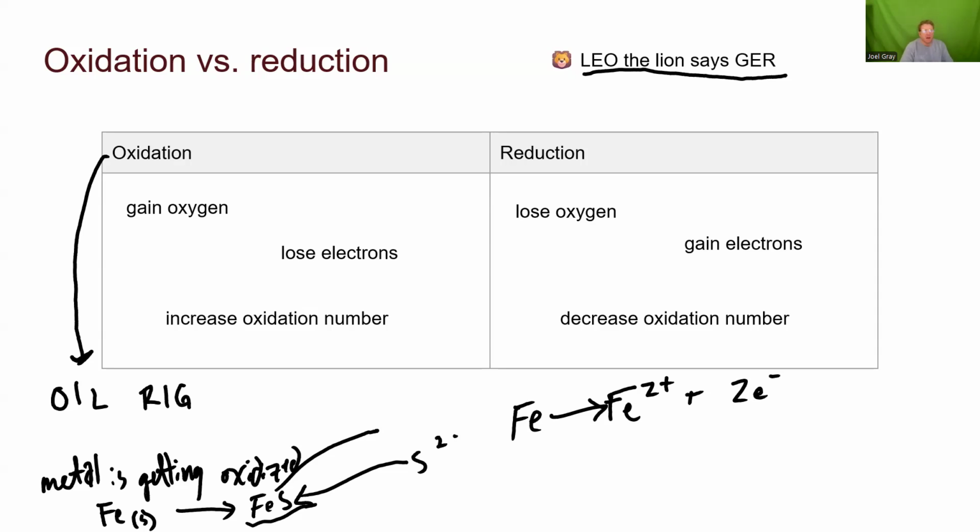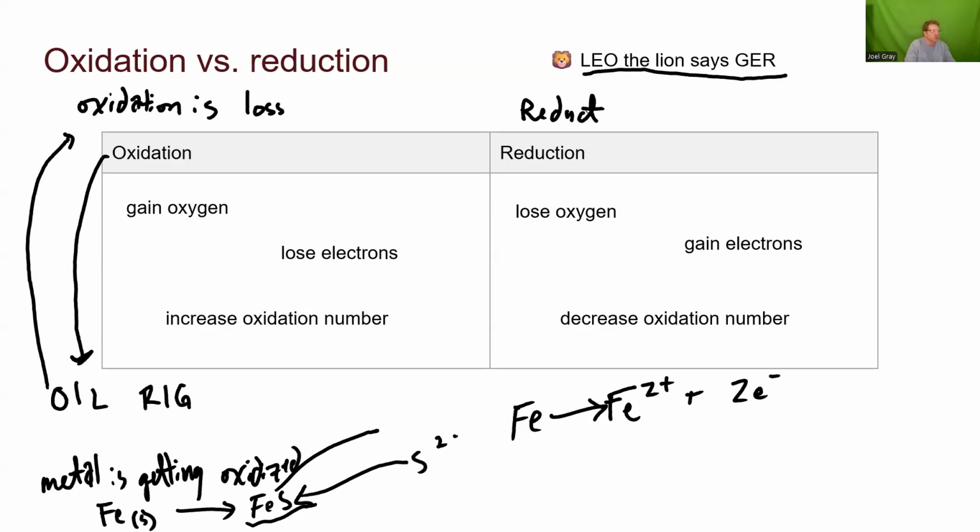Now, this mnemonic, oil rig. Oil stands for oxidation is loss. Then rig, reduction, is gain.